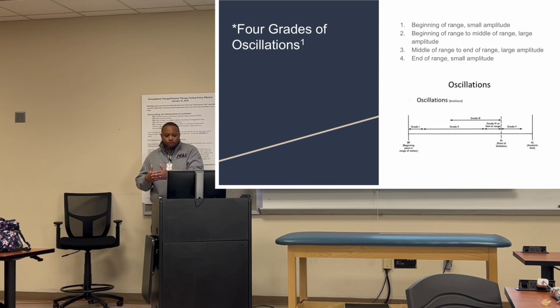So you can get the person to a grade 2 and then oscillate between grade 1 and 2. I'll show y'all what that looks like in the clinic. You get the person to a grade 3 and then just oscillate the joint between grade 2 and grade 3. Or you get the person to a grade 4 and oscillate in between grade 3 and grade 4. Then you get to grade 5, that's a thrust mobilization or thrust manipulation. All right.